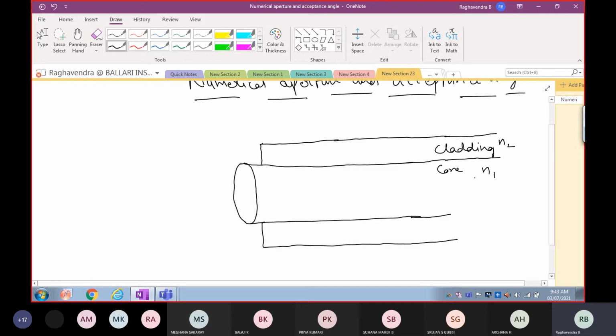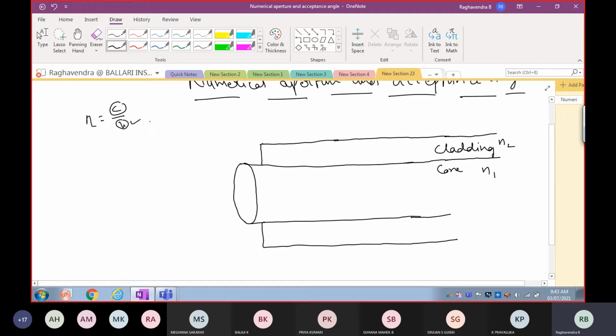Tell me, what is refractive index? Speed of light by velocity of light, sir. Very good. It is the speed of light divided by the velocity of light in the medium. The refractive index indicates how fast the light travels inside the medium.